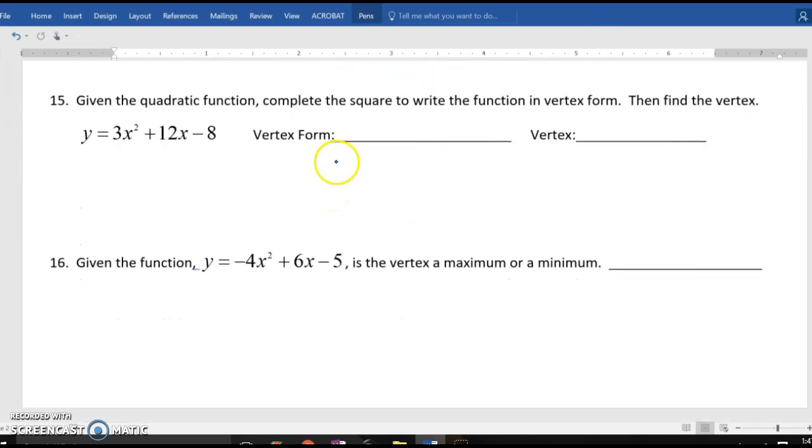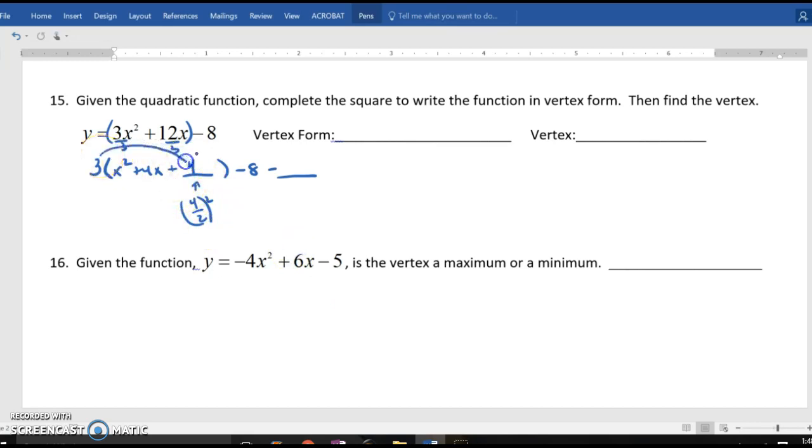Now I'm going to go fast here. So here, it's not a perfect square, so we group. So I have 3 times, divide these by 3. You get x squared plus 4x. But now I have to add some number. Then I have to come out and subtract that same number. So what is half of 4? 4 divided by 2 squared is going to give you 2 to the second power, which is 4.